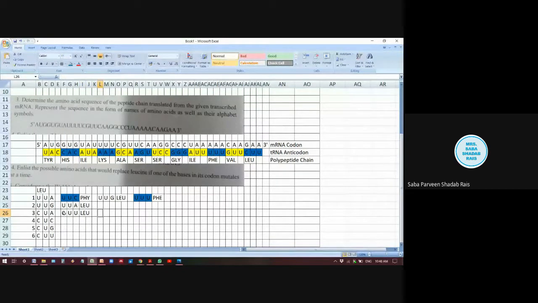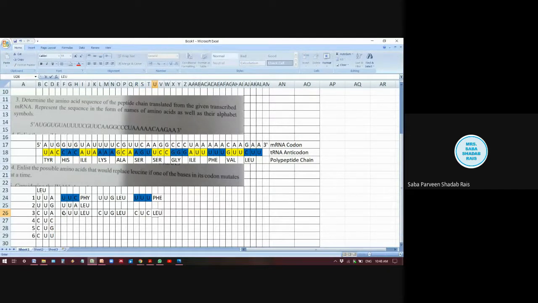Okay. Now here CUG, what will be the amino acid? It is going to be leucine only. Right or wrong? Yes, ma'am. Now CUC. What is the CUC? Again, it is going to be leucine.